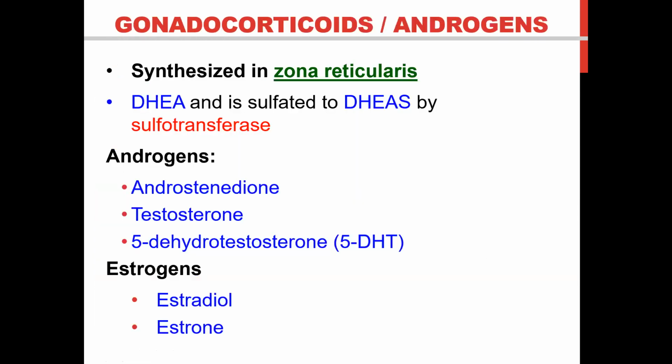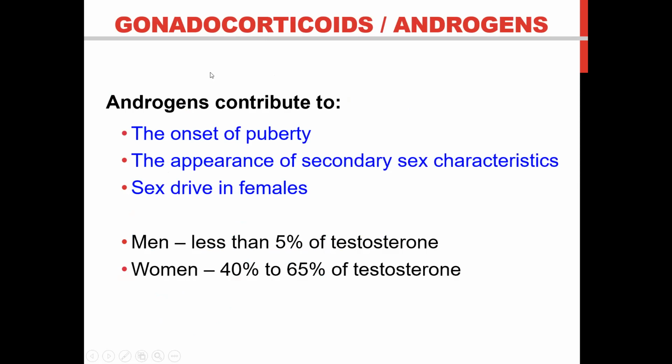For the gonadocorticoids or androgens, as I mentioned earlier, these are synthesized in the zona reticularis. Dehydroepiandrosterone, DHEA, is sulfated to DHEAS by sulfotransferase. The androgens are the following, and the estrogens are the following. The androgens contribute to the onset of puberty and the appearance of secondary sex characteristics as well as sex drive in females.